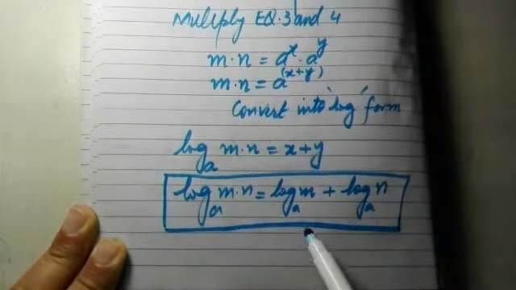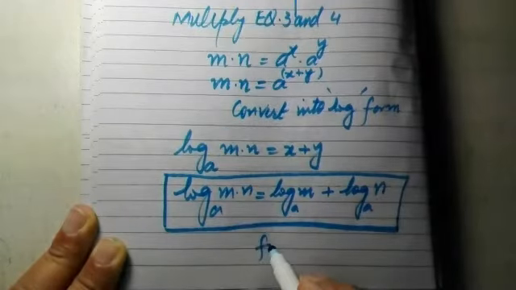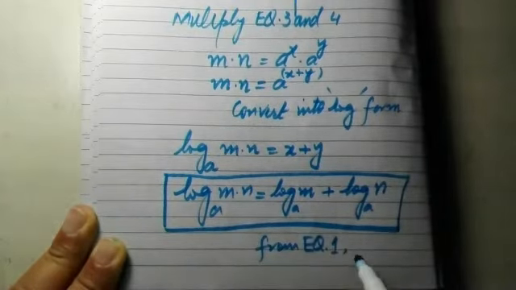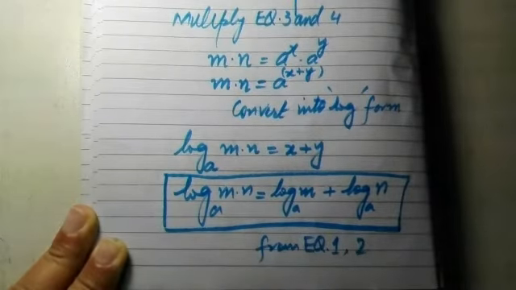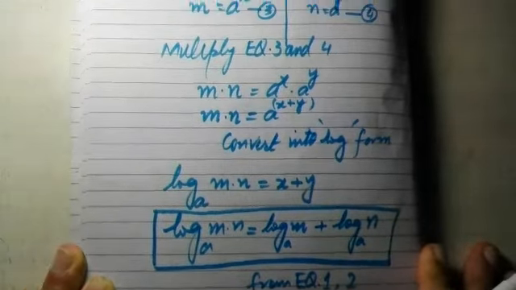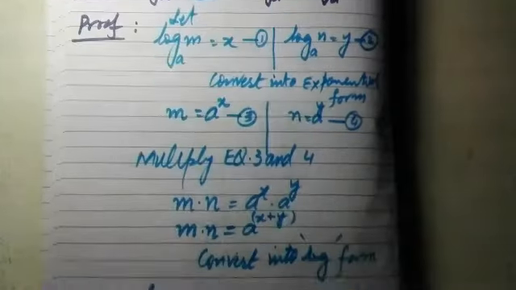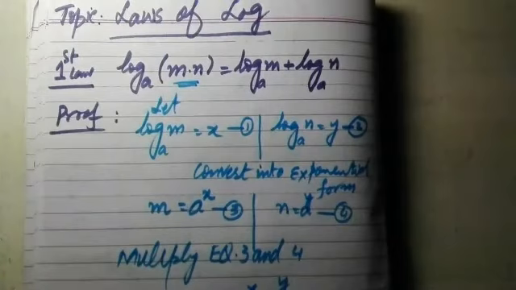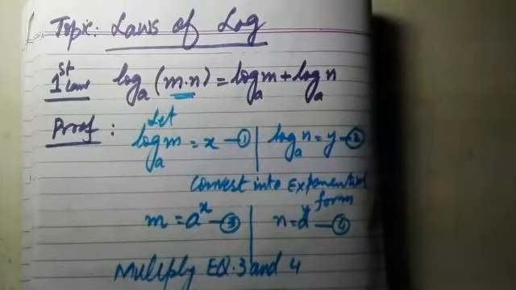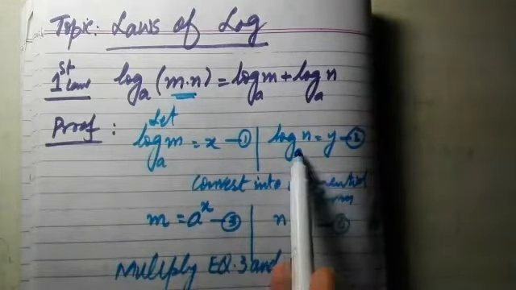You can see that we have done it with reference to equation 1 and 2. Let me show you again what was written in equation 1 and 2. In the beginning, we assumed that log m was equal to x and log n was equal to y.